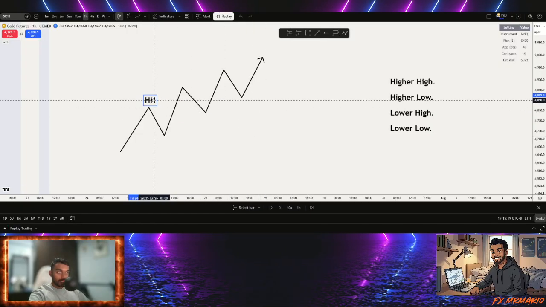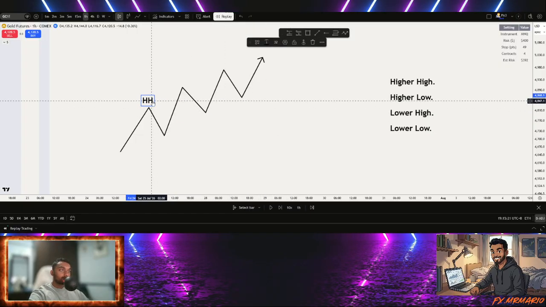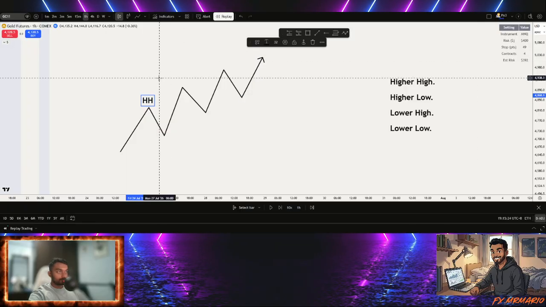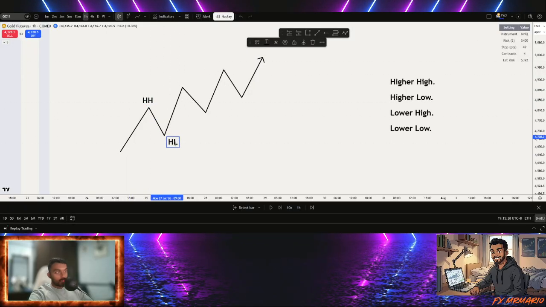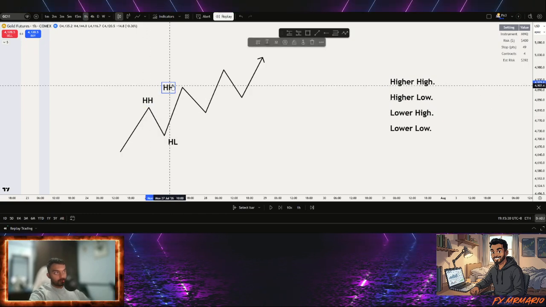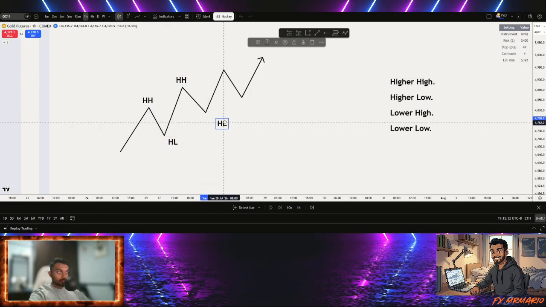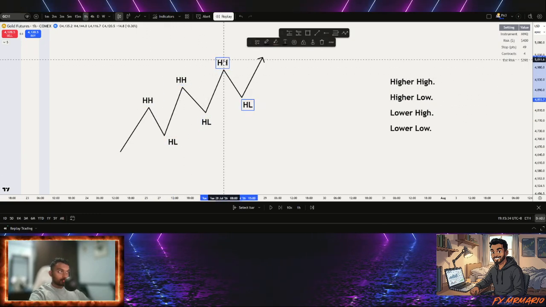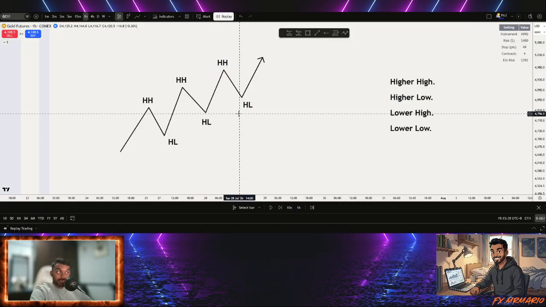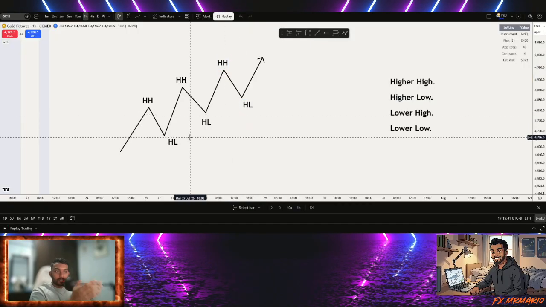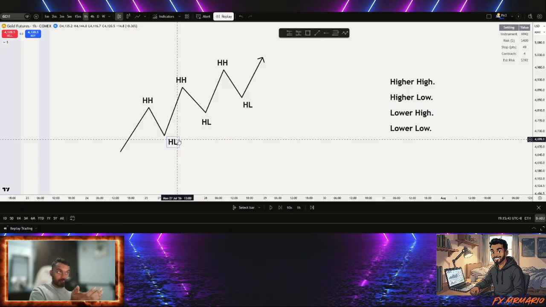So you call this a higher high, and this would be a higher low, right? This would be a higher high, this would be a higher low, this would be a higher high, and this would be a higher low. That's basically it. When you see this, the market is making an uptrend, right?